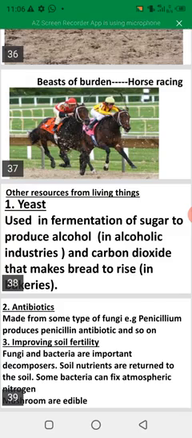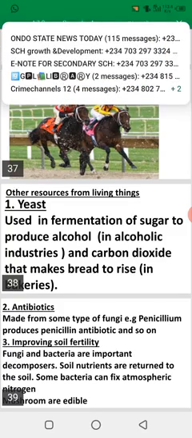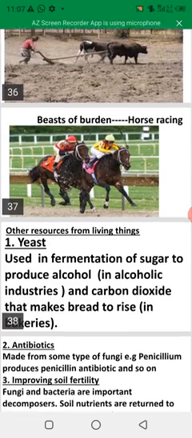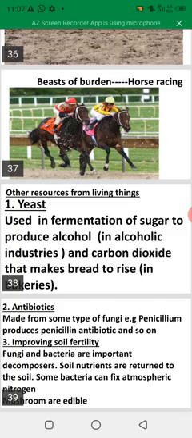Some bacteria can fix atmospheric nitrogen. And some mushrooms are edible. They are good for our body, and they help us to add nutrients into our body. So these are the resources from living things, from plants and animal.